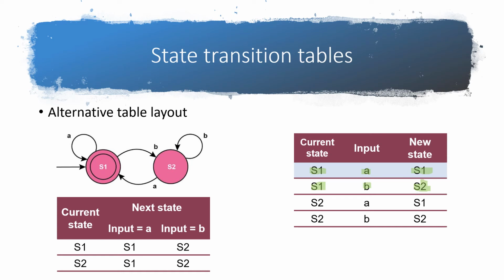If we're on S2 and we've got an input of an A, we're going to move to S1. And if we're on S2 and we've got an input of a B, we're going to stay on S2. I think this is a better method, because your machine might have many different inputs, so it's not a good idea to use the previous example.